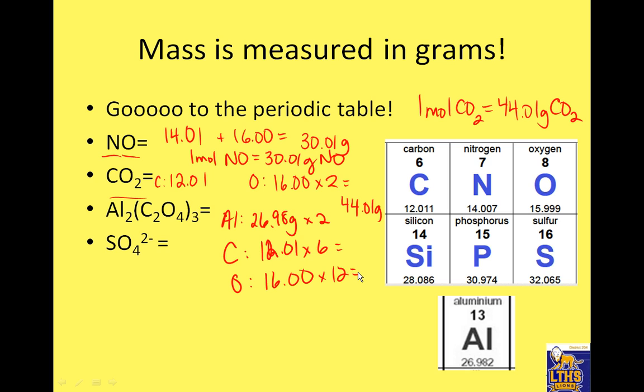So you multiply and add it all up: 26.98 times 2 plus 12.01 times 6 plus, with a parenthesis, 16 times 12, closed, equals 318.02 grams. So 1 mole of aluminum oxalate would have a mass of 318.02 grams of aluminum oxalate.